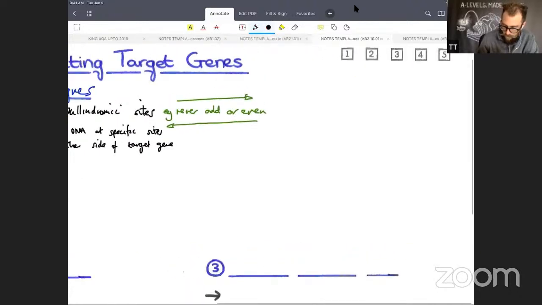Okay, so let's take our target gene as being some green here. Double-stranded, that's our gene. I'm going to actually draw it, with it cut out underneath. I'm going to use sort of normal DNA in inverted commas in black.